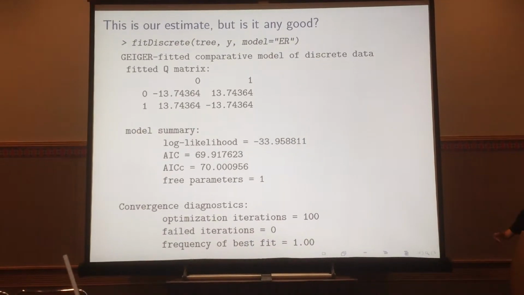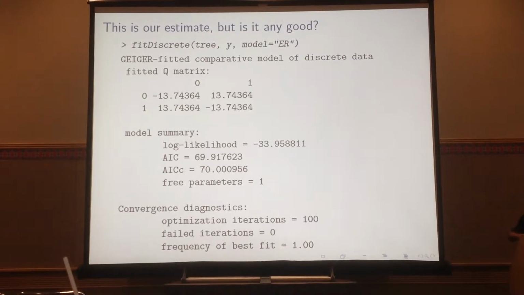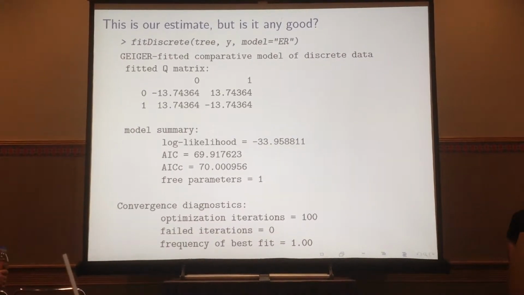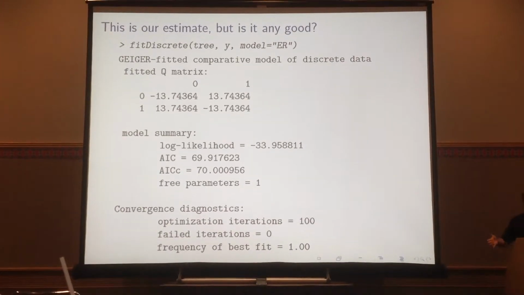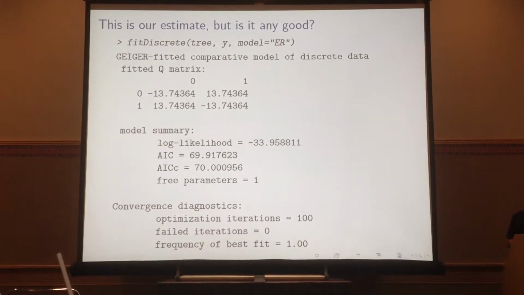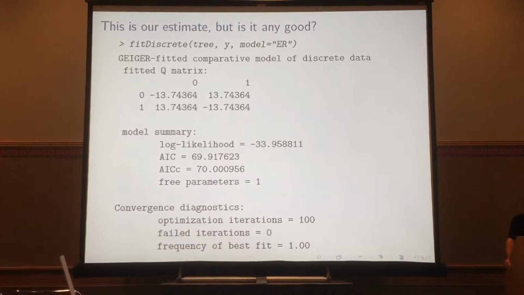That's the R package geiger, but there are probably a lot of other packages. It gives you some results, but these results by themselves are not really meaningful. The likelihood or the rate matrices alone don't really tell you anything about your data.